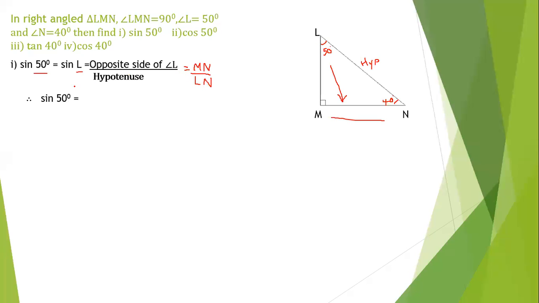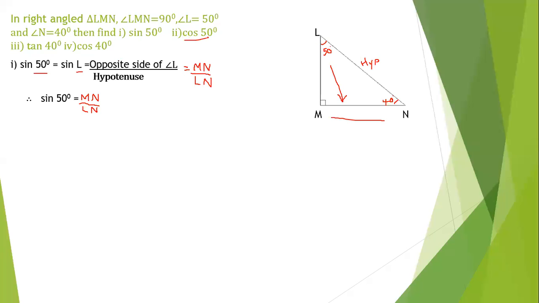Therefore, we got sine 50 degree as MN upon LN, right?